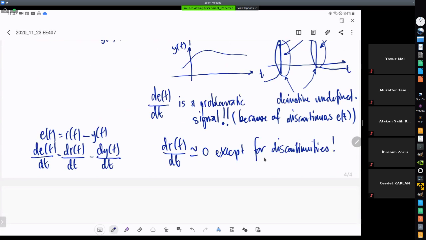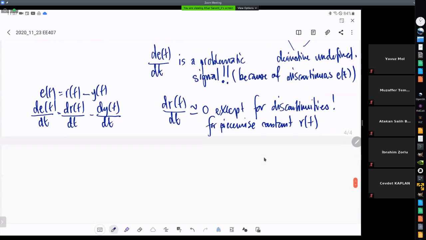Apart from those infinitesimally small time instants where the value of dR of t over dt is non-zero, it's zero everywhere else, at least for piecewise constant R of t. In this case, we can assume dE of t over dt to be approximately equal to minus dy of t over dt.